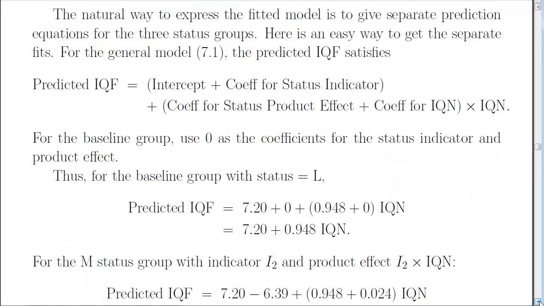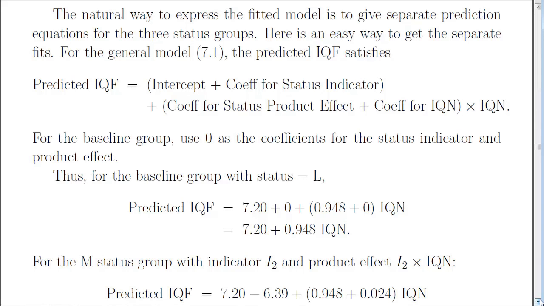So the natural way to express the fitted model is to give separate prediction equations for the 3 status groups. So we've got, for the predicted Foster-raised IQ, the intercept and maybe a status indicator for which group we're in, as well as, multiplied by the natural group, the slope coefficient for the reference group, the baseline group, and then whether we've got a special coefficient.